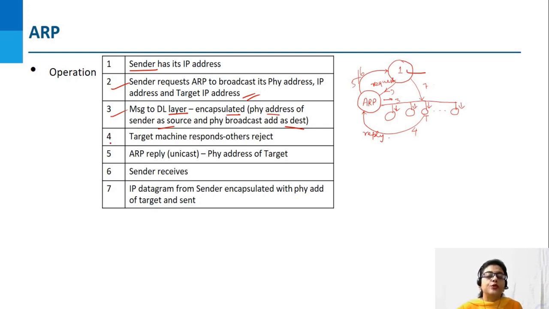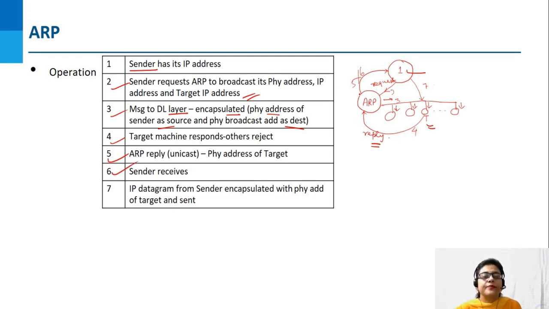Then we go to step 4. The target machine responds. If this is the target machine, it responds and the others reject it. Then number 5, the ARP reply, which is a unicast type of message. It is given by the target, replying with the physical address of the target.